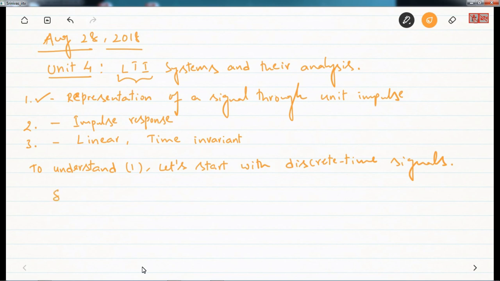In discrete time signals, what is unit impulse? Unit impulse delta of n is equal to 1 when n is equal to 0, and is 0 otherwise.